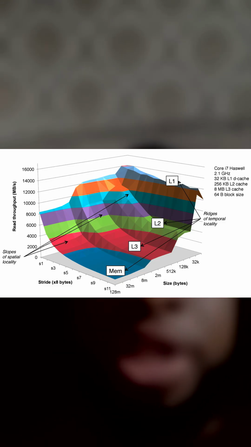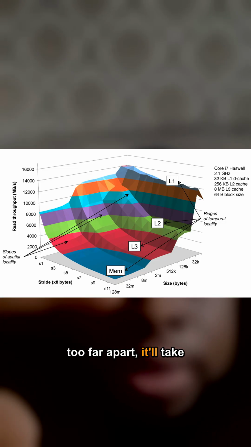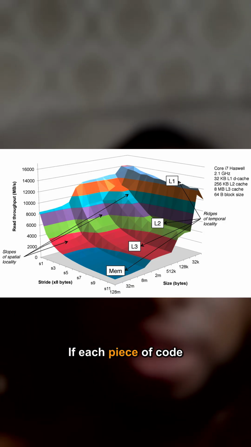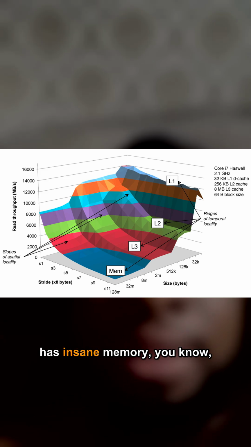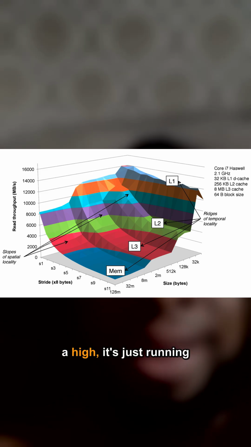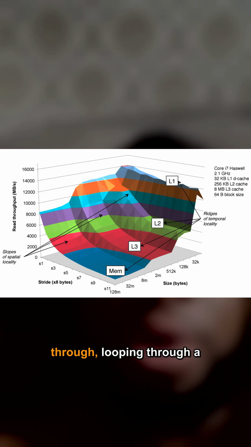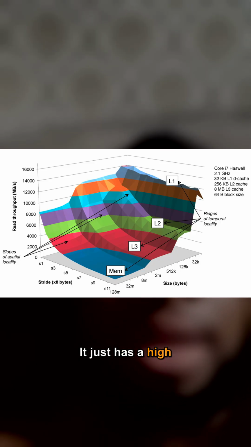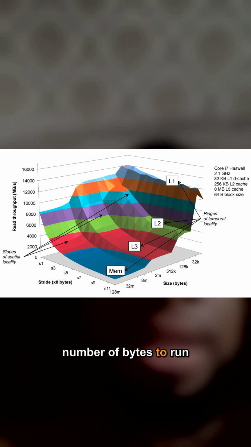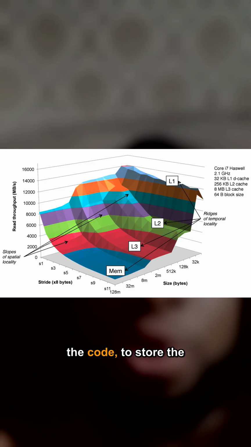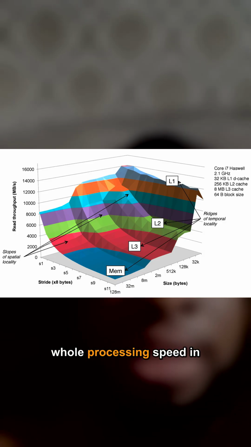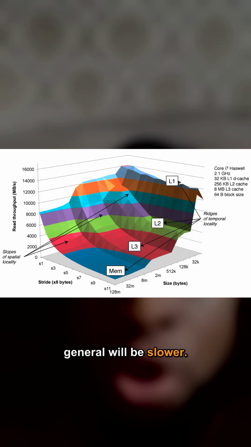If each memory location is too far apart, it'll take longer and the rate will drop. If each piece of code has a high memory count, a high number of bytes to run the code, to store the code, the retrieval and the whole processing speed in general will be slower.